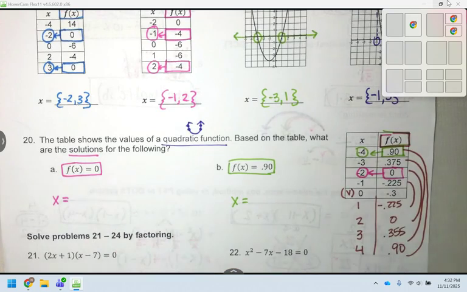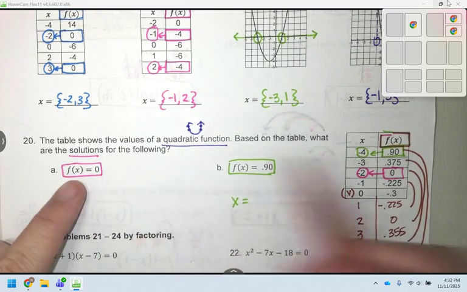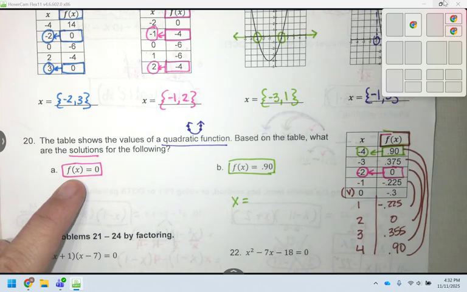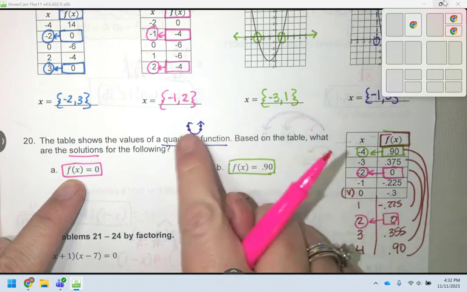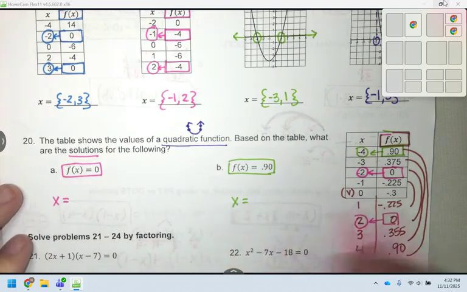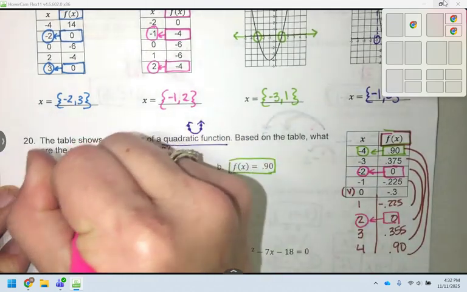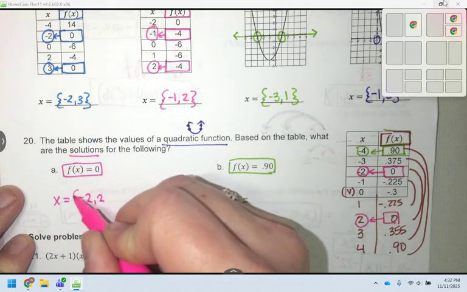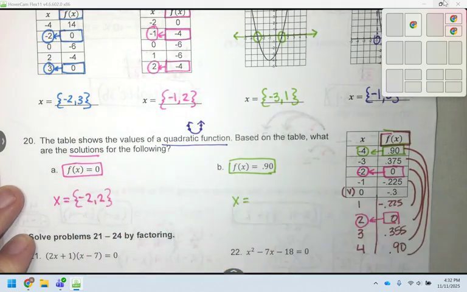Okay, so when f of x is equal to 0, there we go, there's two of them as we knew, right, because they're symmetrical. All right, so when x is negative 2 and 2. 0.90.